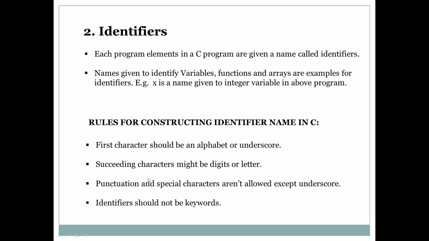There are some rules to define identifiers. Identifiers must start with an alphabet or underscore, and the succeeding characters might be digits, letters, or underscore. These two points basically say that the identifier cannot start with a number. Okay.